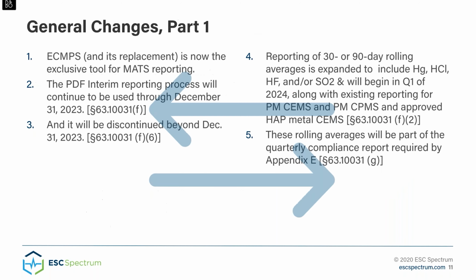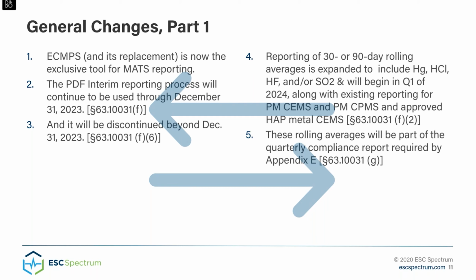Moving on, let's talk about the general changes, and there'll be a number of slides here that we're going to talk about. Specifically, the ECMPS tool and its replacement will become the exclusive tool for MATS reporting. The PDF interim reporting process will continue to be used through the end of December 31st of 2023, and it will be discontinued beyond that point in time.